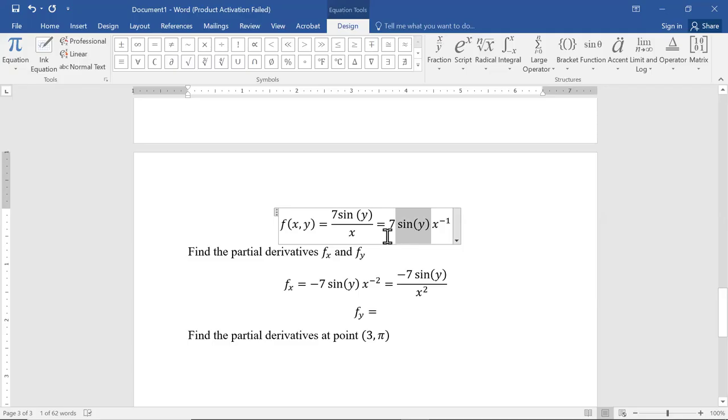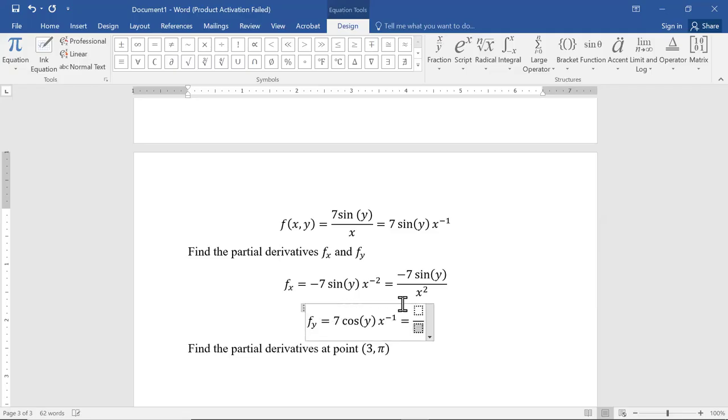So derivative of sine is cosine of y. So I'm going to get 7 times the cosine of y times x to the negative 1 still. Or if I wanted to put that as a fraction, that's 7 times the cosine of y divided by x to the first power.